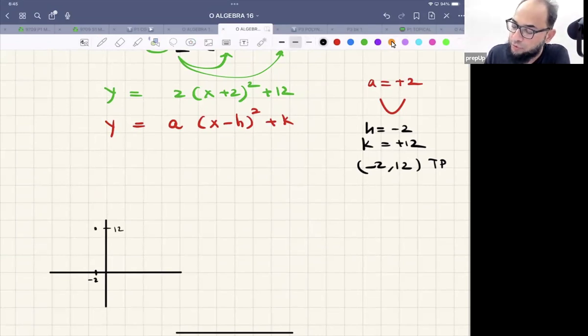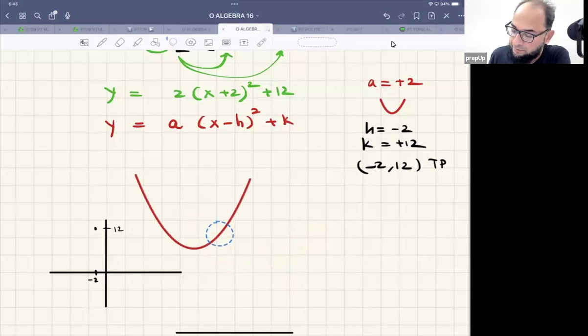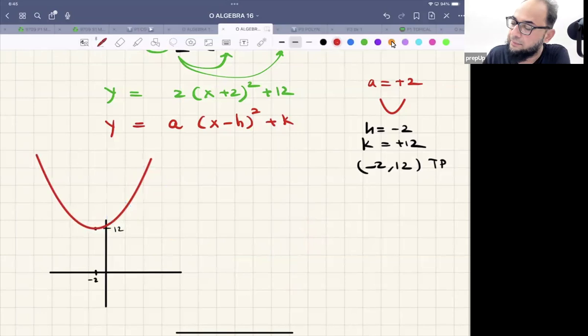So let me just draw the graph like this, a red color graph. Okay, so let me just put it over here and let me mark this point. So therefore minus 2 comma 12, that's the coordinate of the turning point.